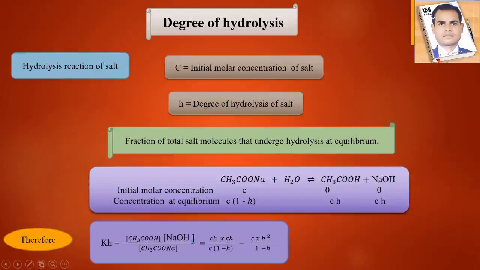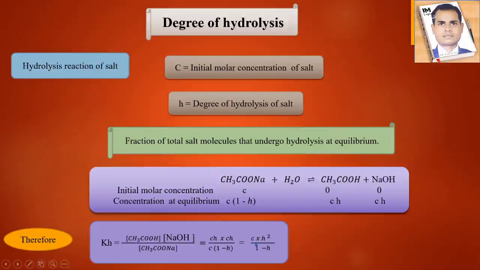So at equilibrium ch times ch we take as it is, and for the sodium acetate it is c in bracket 1 minus h.